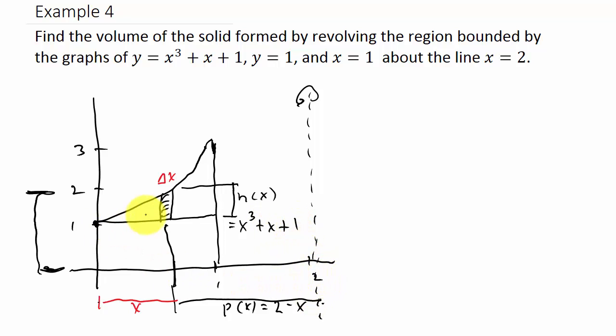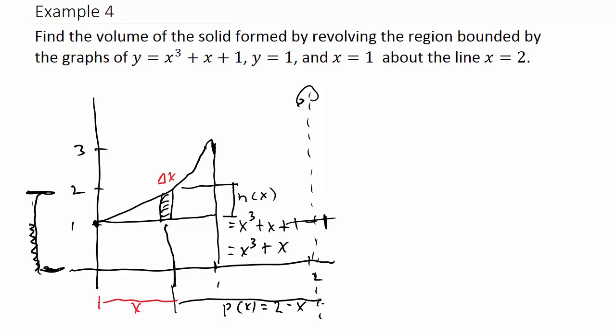Okay, but then we have to take off this part because see, we just need this height here. Okay, so we have to subtract off this distance, which is 1, so minus 1. So the height is x cubed plus x, because the 1's cancel out.